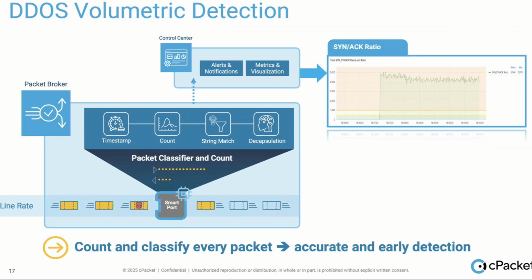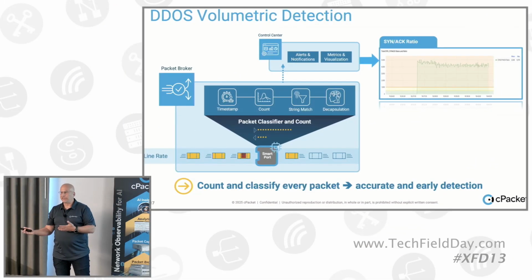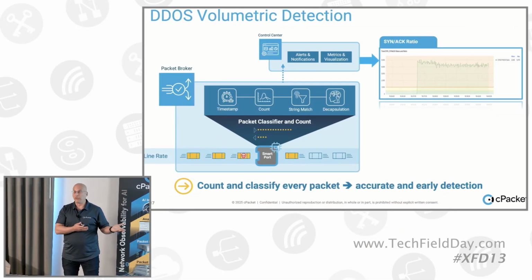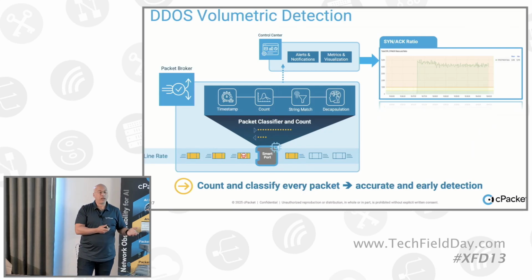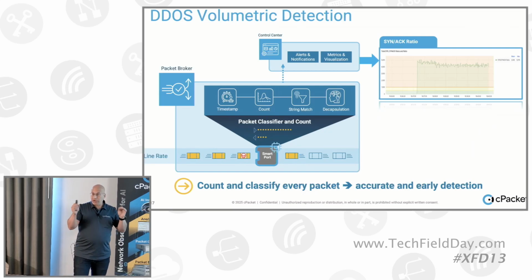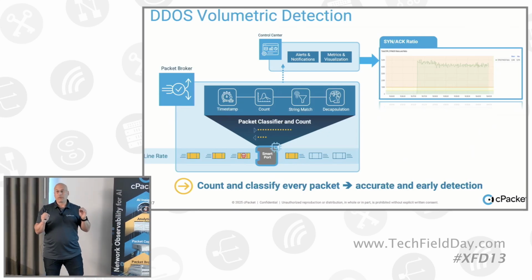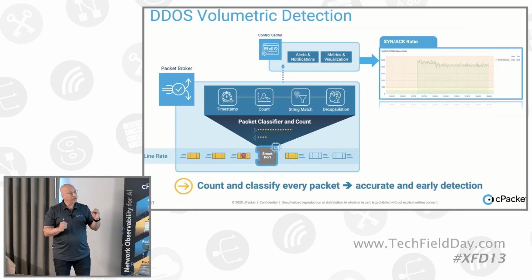A SYN-SYNACK attack is really about seeing the ratio of SYN packets getting much, much higher than SYNACK packets. With DNS amplification, you're going to see a lot of responses with no requests, and/or fragments. So even without going very deep into the packets, we're able to know very quickly if you are under a denial of service attack of this type.